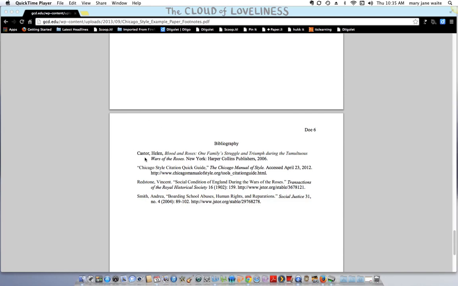We have Helen Castor again, but as you'll notice in the bibliography, Castor, last name, comes first. Castor, Helen. And again, as in other citation styles, the bibliography is alphabetical. There's an indentation on the second line, double space between citations, and that will cover the information.